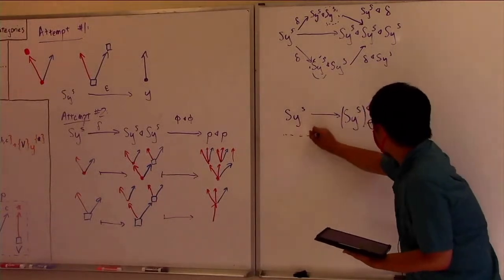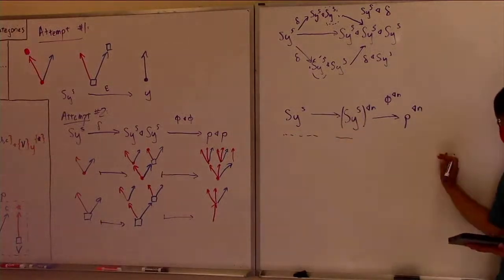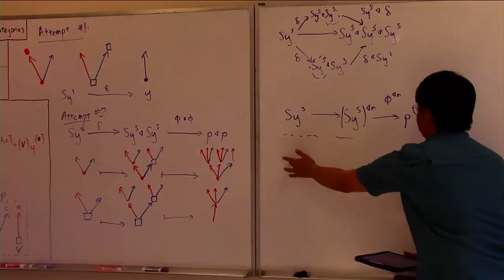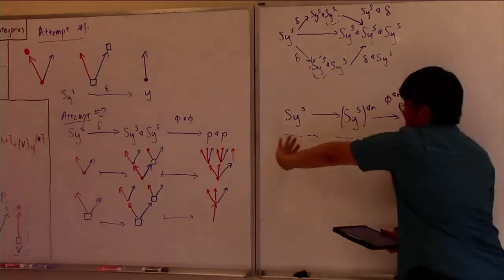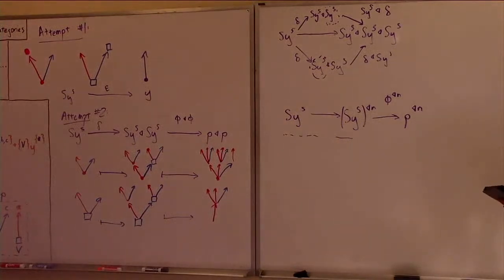And once we have maps of this form, we can construct this larger dynamical system that tells us how to take n steps of this original system.